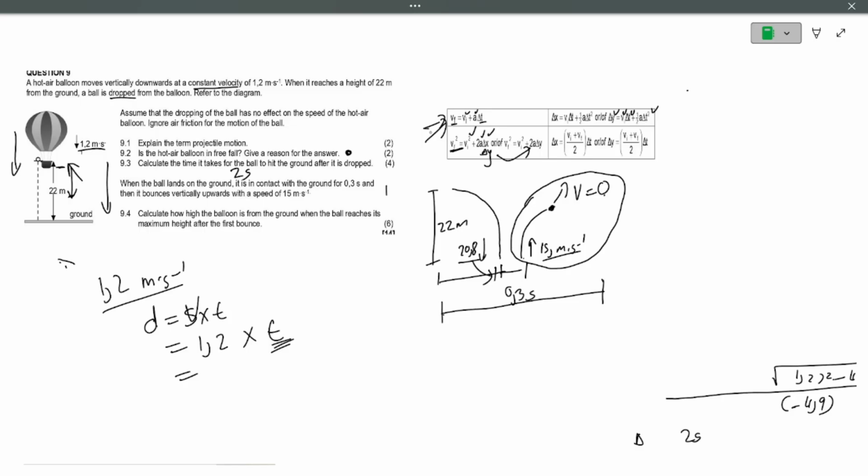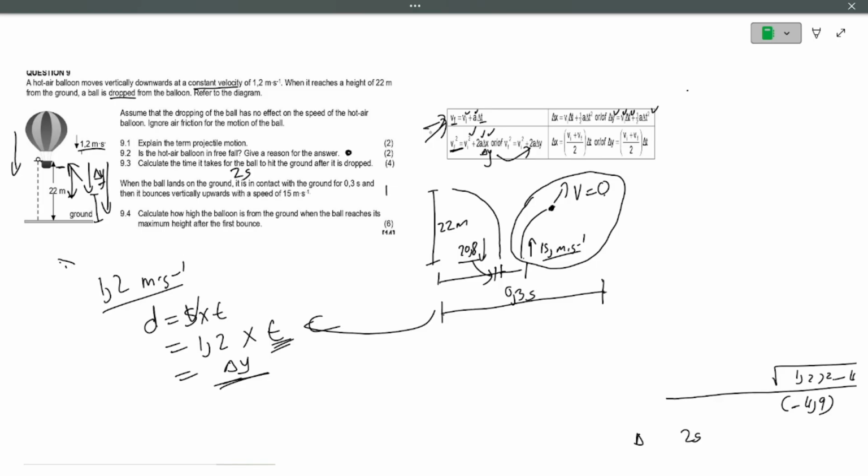When we get the time from here to here, this time will be the time that the balloon moved downwards from 22 meters, and then we substitute this time here and find the answer. Whatever answer we find here is the change in y, the movement from here to here. What are we looking for? How high is it above the ground?